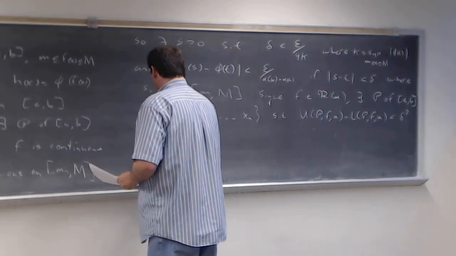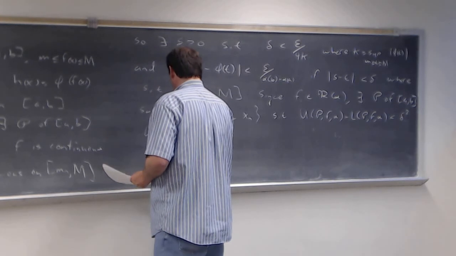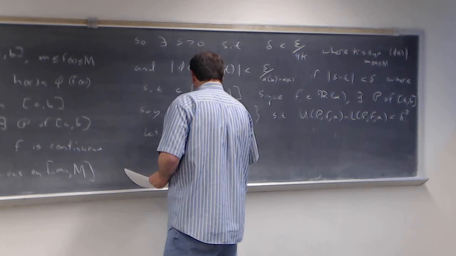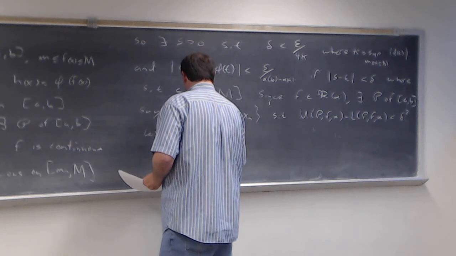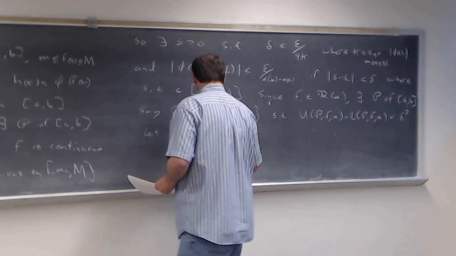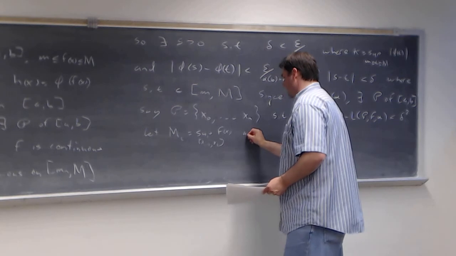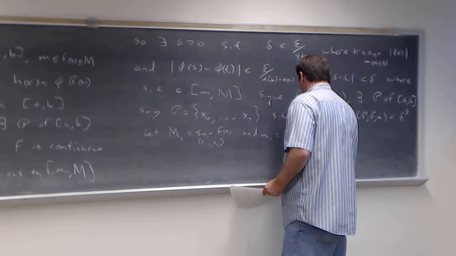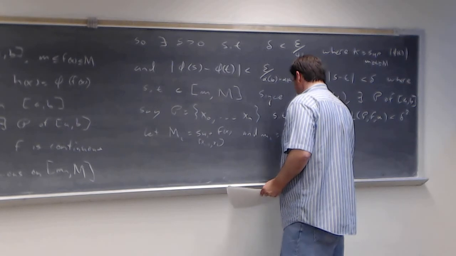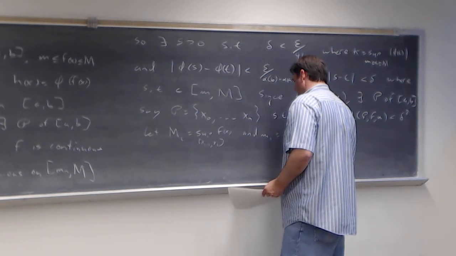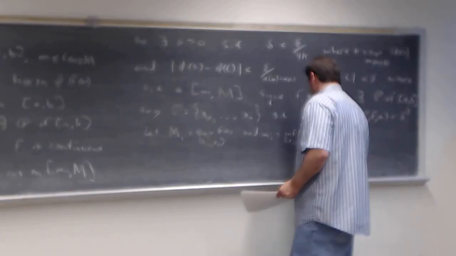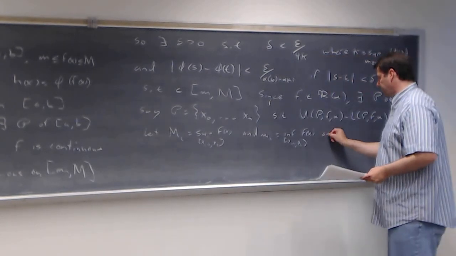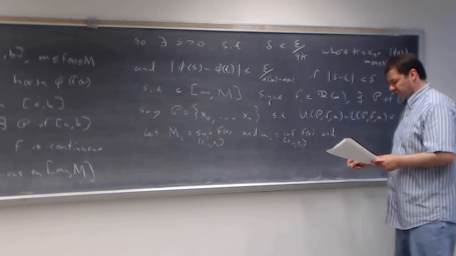Okay, now just to remind ourselves, we're going to let capital M sub i equal the sup of f of x as x runs from x sub i minus 1 up to x sub i. That's what we traditionally do. And little m sub i be equal to the infimum of f of x as x runs over this subinterval from x sub i minus 1 up to x sub i. That's what we normally do. But then we're going to introduce some notation for h.